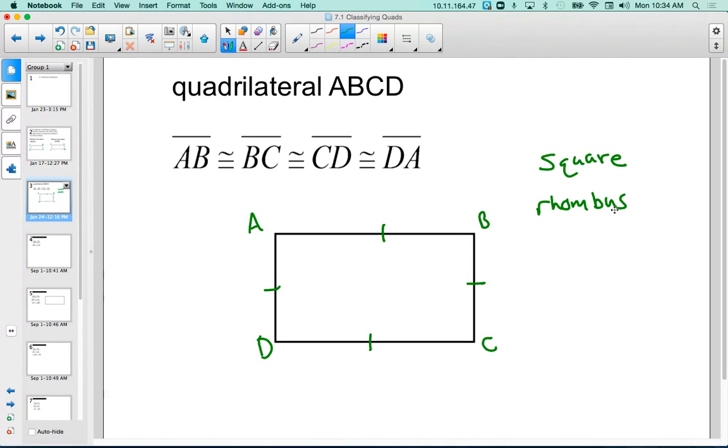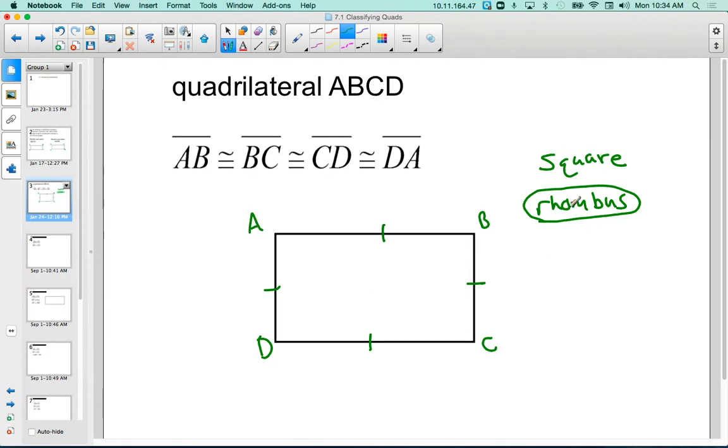Now the question is, what's the best name? Now, the problem we have here is that they both fit, but if I'm going to say what's the best name, I know for a fact that any quadrilateral I draw that has four sides congruent is going to be a rhombus. Okay? I don't know that every one is going to be a square.